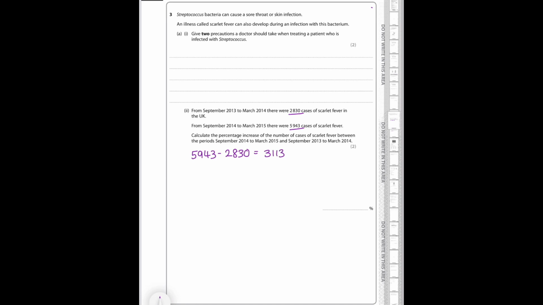Now, we had an increase of 3,113 cases from 2,830. So to turn that into a percentage, we would times by 100. And if we calculate that out, that gives us a percentage increase of 110%.